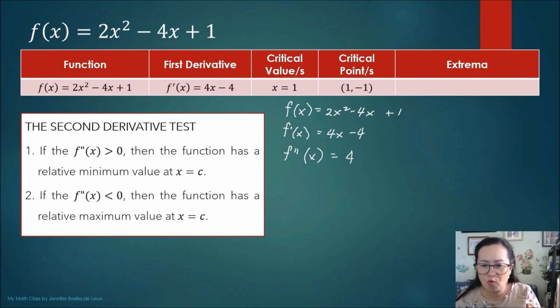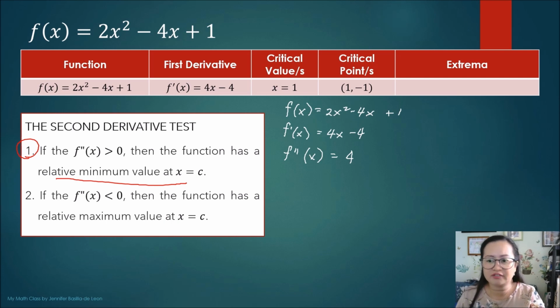Now since 4 is greater than 0, we shall use the first rule. Hence, we can say that at x equals 1, we will have a relative minimum.